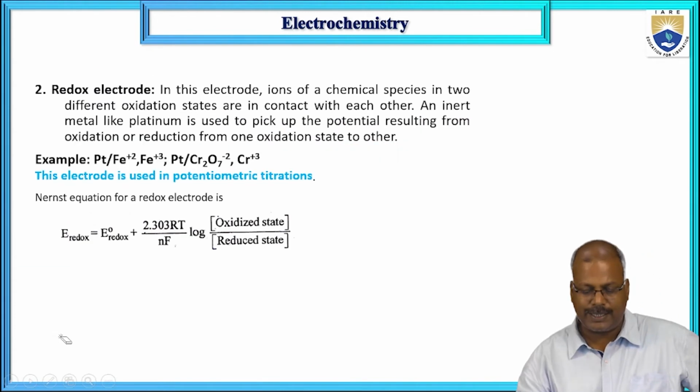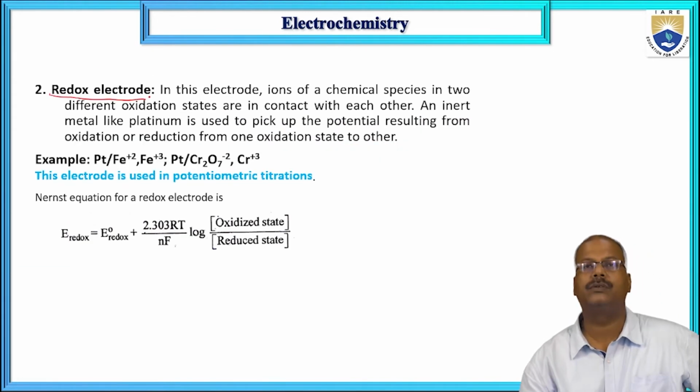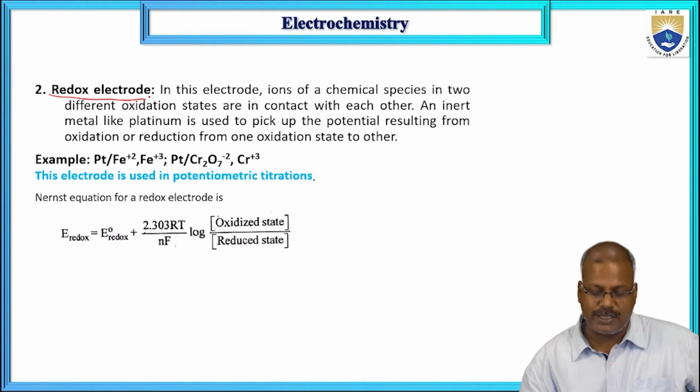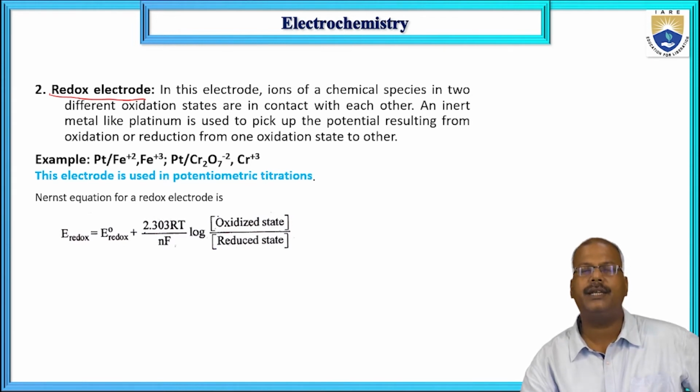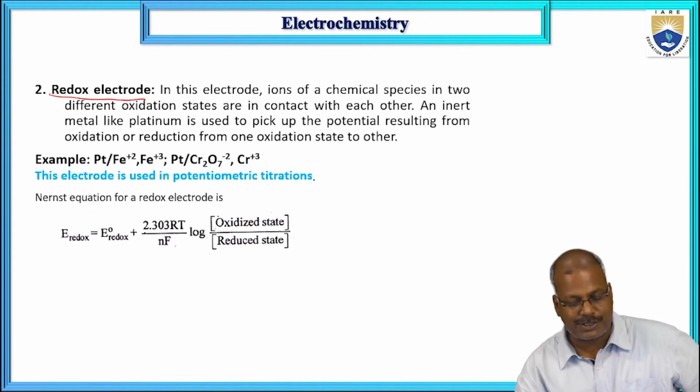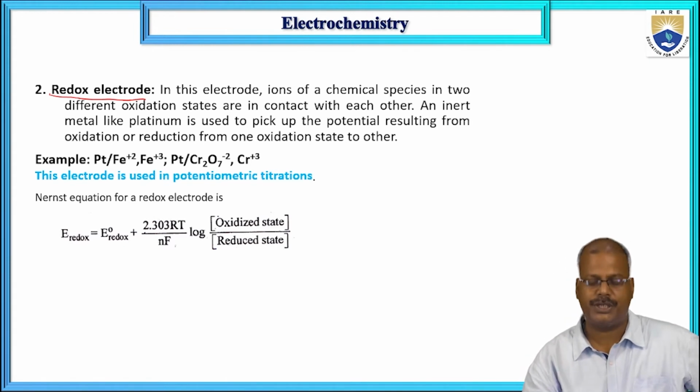Next type is the redox electrode. The word itself says the reaction undergoes both oxidation and reduction. In this electrode, ions of a chemical species in two different oxidation states are in contact with each other. An inert metal like platinum is used to pick up the potential resulting from oxidation or reduction from one oxidation state to another.